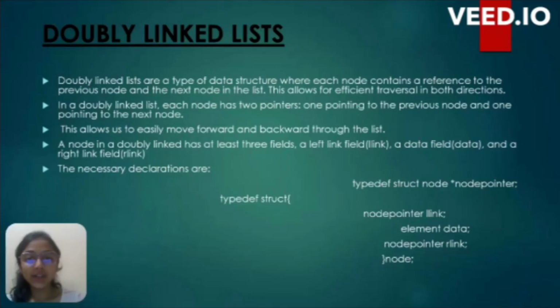A node in a double linked list has at least three fields: a left link, a data field, and a right link. The necessary declarations are shown in the memory representation of double linked list.